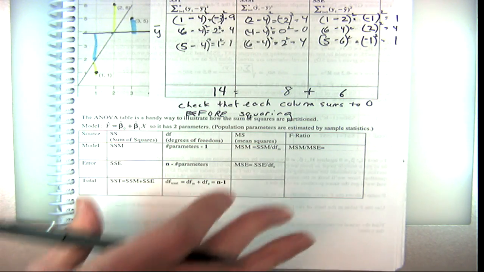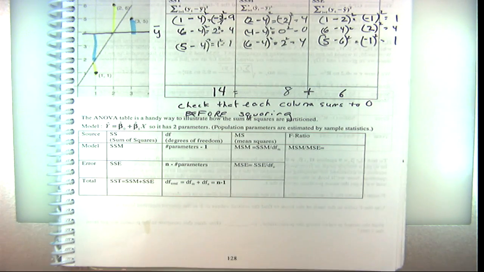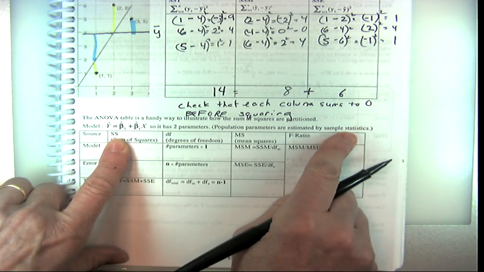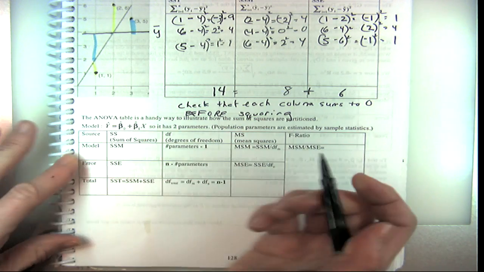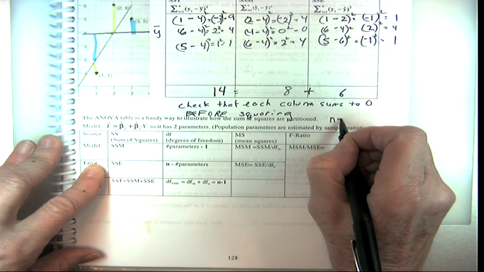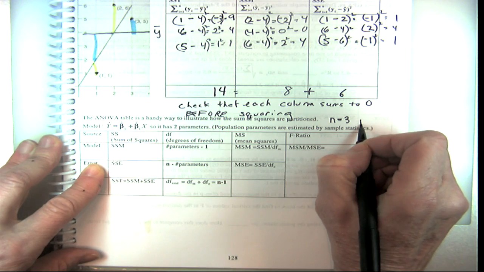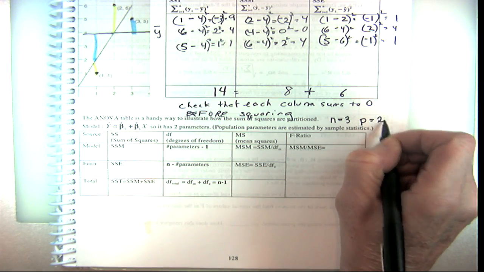So we're just going to do this here, and we'll explain it next time, what this F ratio is in more detail. So we have two parameters, right? Those are the population, they're estimated. Okay, we've got 2 right here. So remember, n is equal to 3, and our number of parameters is equal to 2.